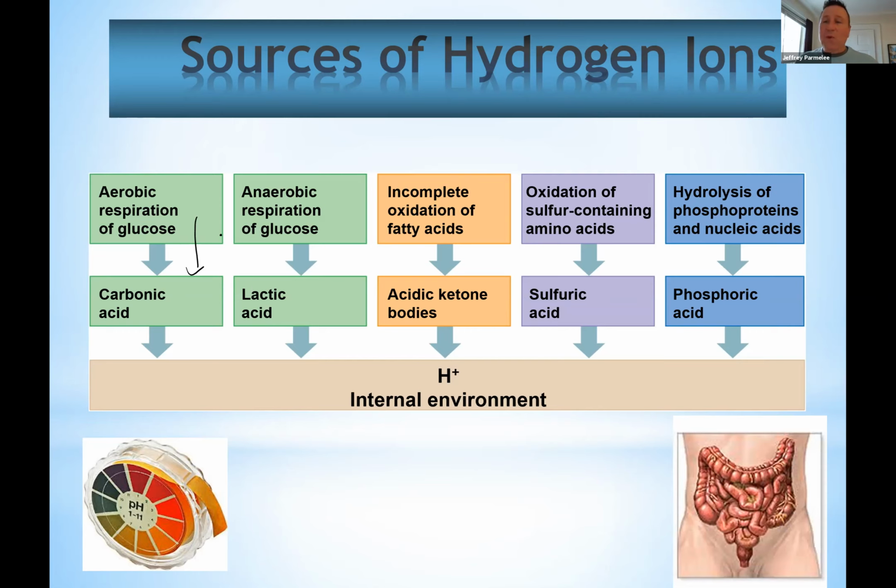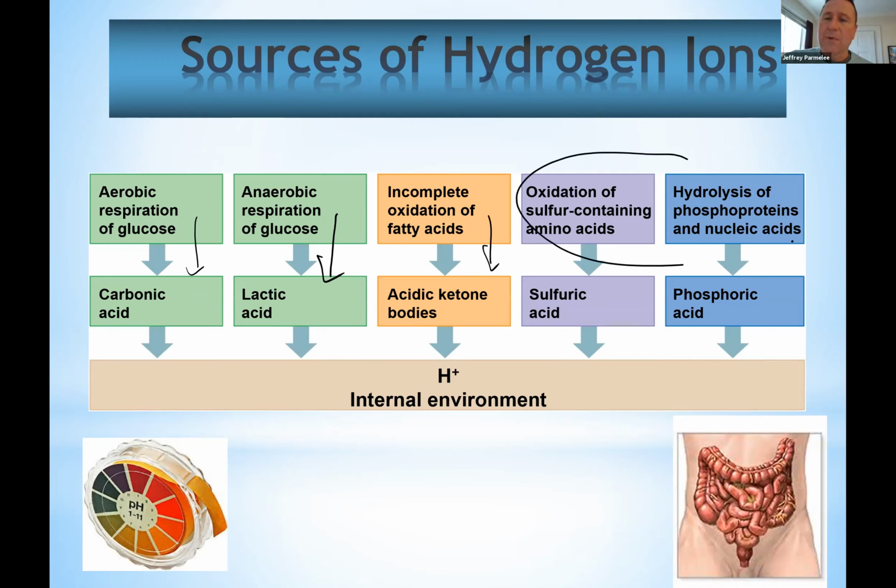What about anaerobic? Let's say you don't use oxygen and you go through glycolysis. We make lactic acid. Freaking acid, right? So burning sugar with oxygen or without oxygen, you give off acid. And when you burn fats, you give off ketones, which are acidic. I'll talk a lot more about that.